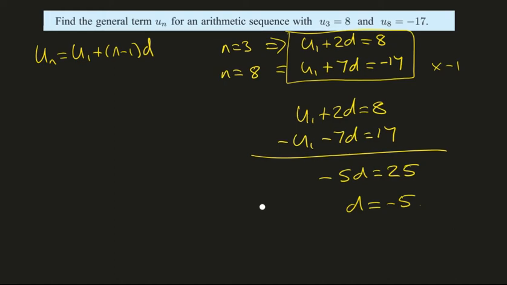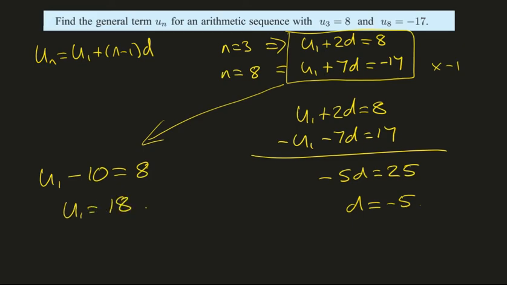From there, we can just go back and plug that into one of my original equations to find out u1, right? So if we just take maybe the top one, we can say that u1 minus 10 is going to be equal to 8. So therefore, u1 is going to be 18. Right, we've got all the information we need.